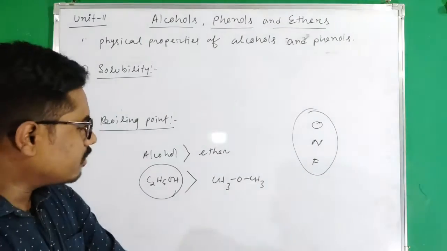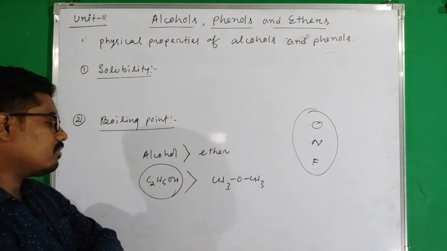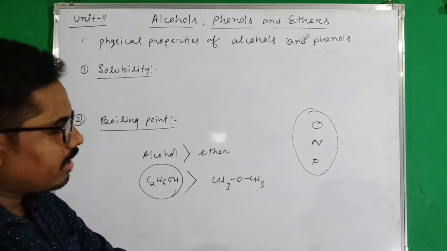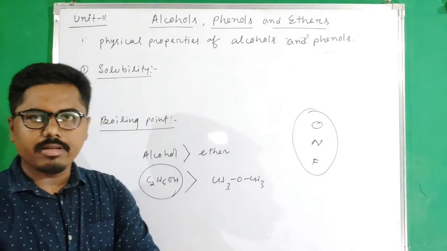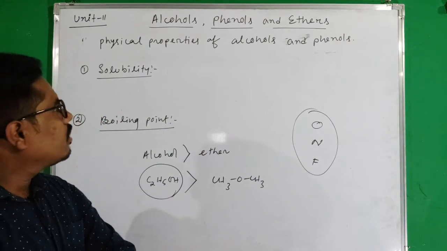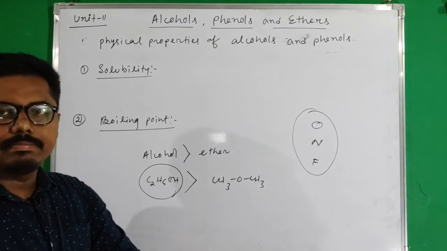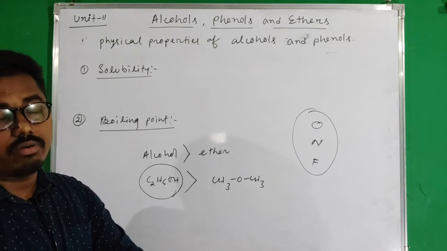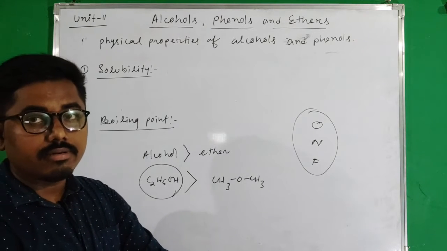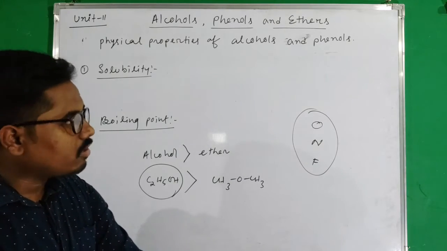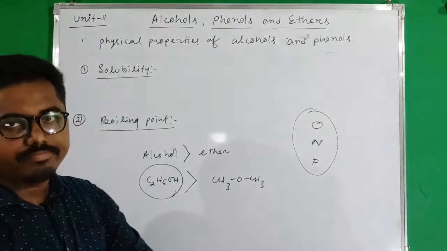Therefore the boiling point of ethanol is higher than methoxymethane. Okay, again if a question asks, explain why lower alcohols are soluble in water, the reason is same. Lower alcohols can form intermolecular hydrogen bonding with water. Therefore lower alcohols are soluble in water.